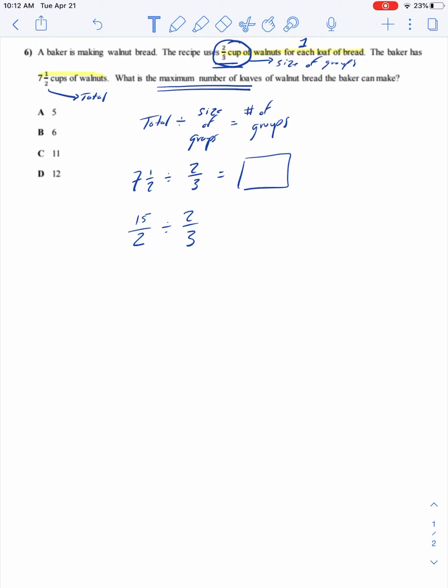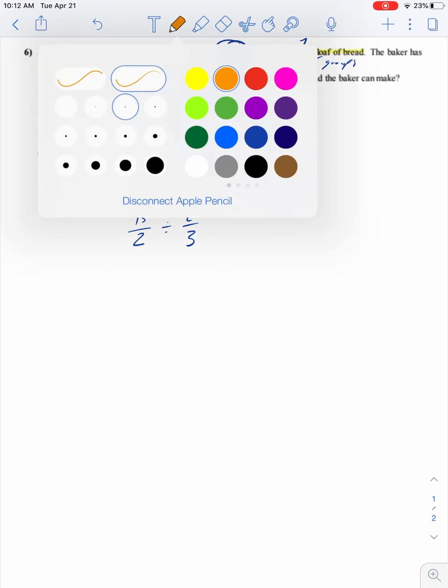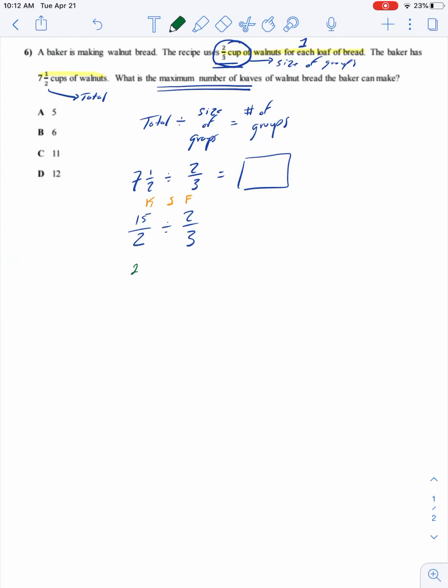Now we can go ahead and do our keep, switch, and flip. Nope, messed that up.